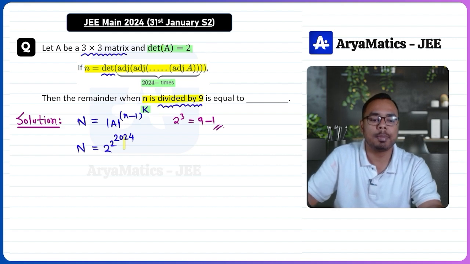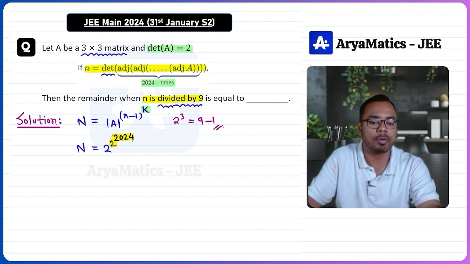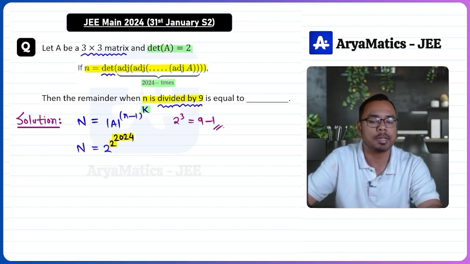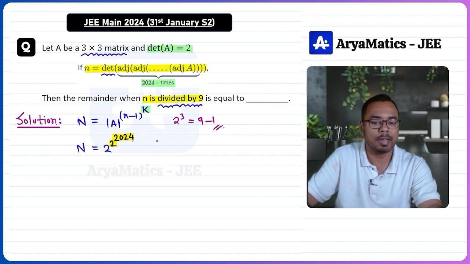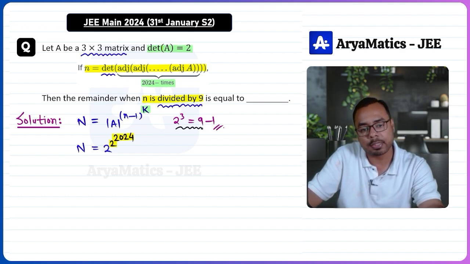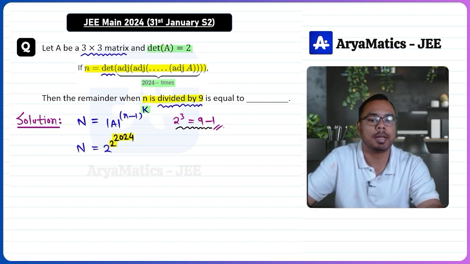So here basically we'll first try to identify this number 2 raised to 2024. We'll figure out whether 2024 is a multiple of 3, a multiple of 3 plus 1, or a multiple of 3 plus 2. In that manner, we can write this as 2 raised to a multiple of 3 plus something, and then we can use the binomial expansion, because 2 cube is 9 minus 1 and we are dividing by 9.